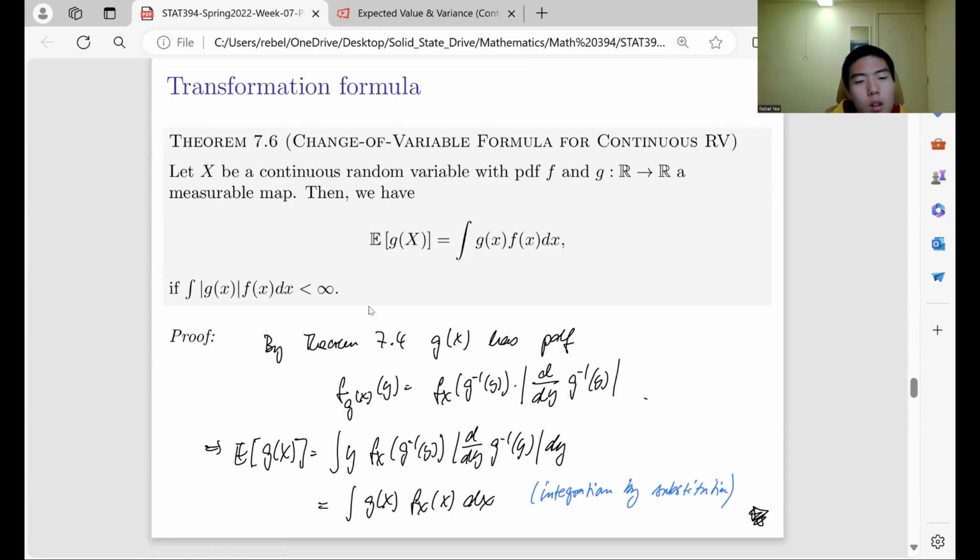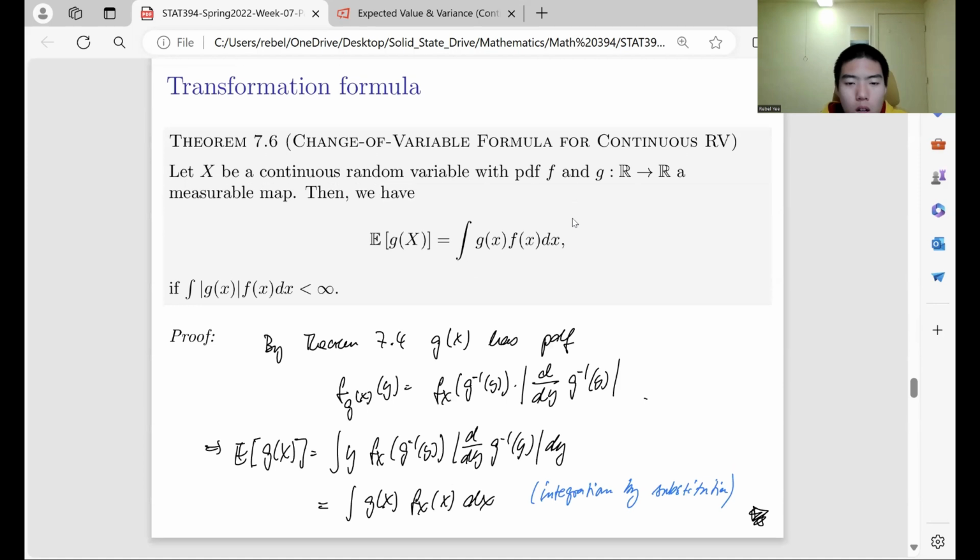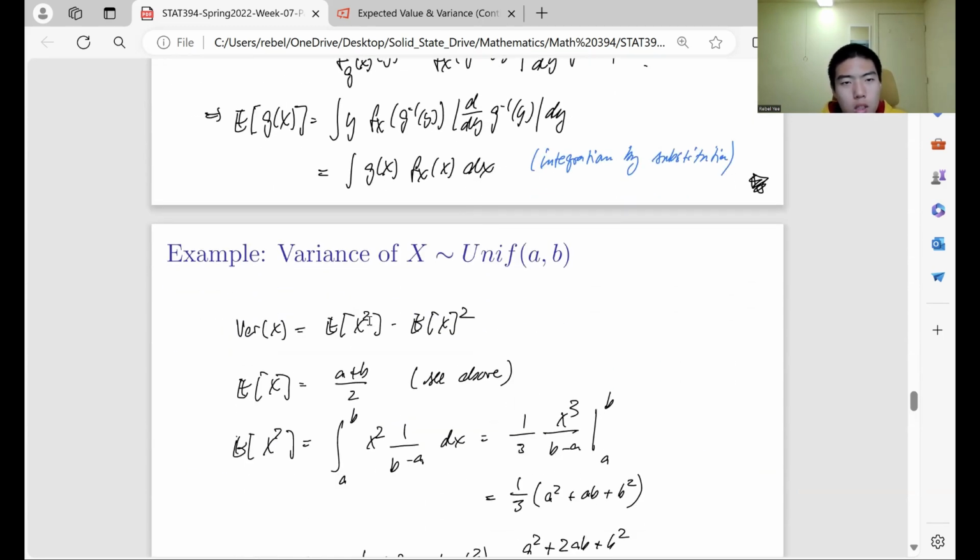It's similar for this one, because if it goes to infinity, the expected value goes to infinity as well. So in that case, it's possible that the expected value of g(x) is not defined. All right. So if you're interested, you can look at the proof here, like how to prove it by integration. But we will see another interesting idea here, which is the variance.